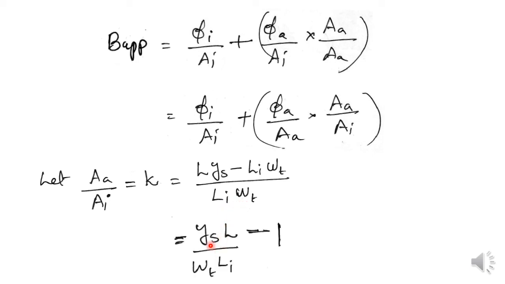That is equal to YSL divided by WTLI minus 1. This term is again represented by another notation, that is KS minus 1. So small letter k is equal to KS minus 1. Now again let's rewrite this equation for apparent flux density.